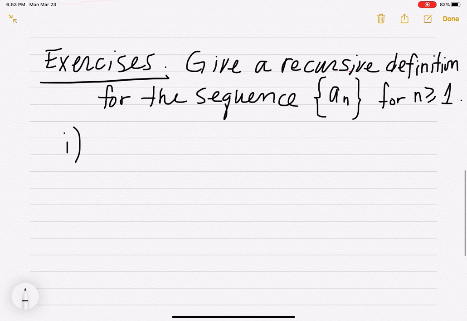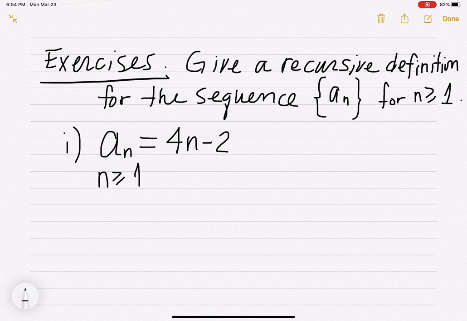We have our sequence in a nice closed formula, but it's not defined recursively. So we have 4n minus 2 as our a sub n. Remember, we're starting at n equals 1 and going up.